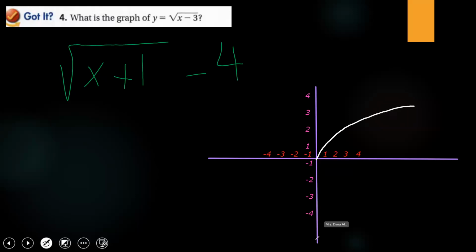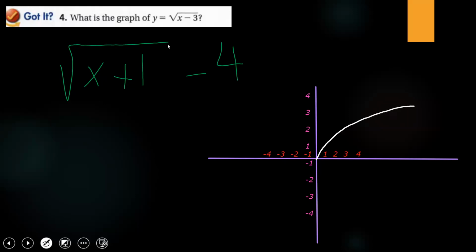Then after that, we have x plus 1. So, to where should I translate the function? Not guess. Here we have square root of x plus 1.